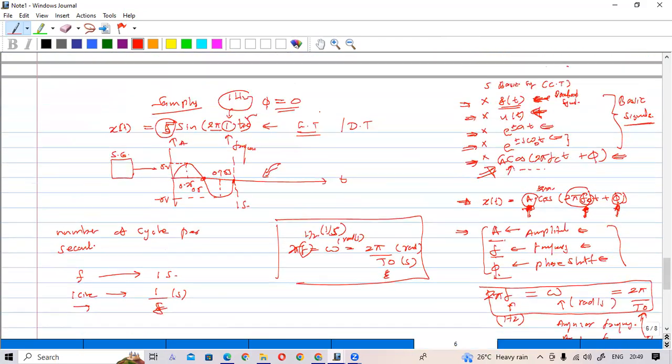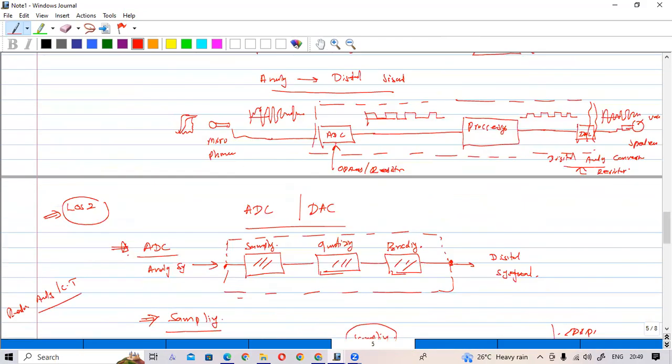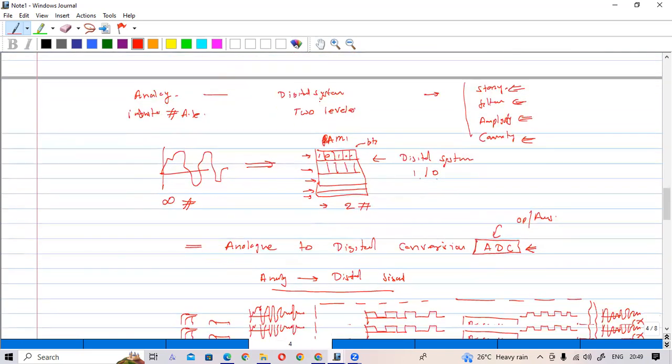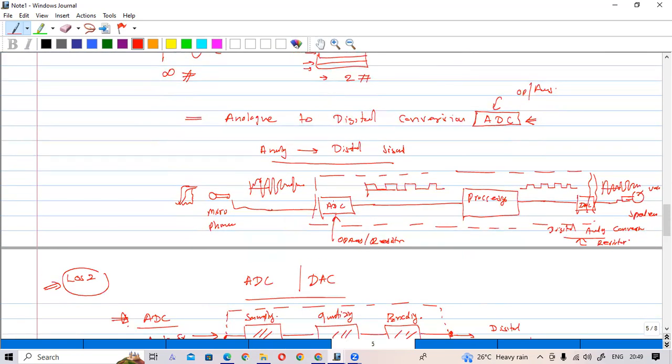Actually, we have talked about the advantages of digital systems over analog systems. You should know these things. And the 3 processes that should be in a digital system: analog to digital converter, signal processing unit, and a digital to analog converter.